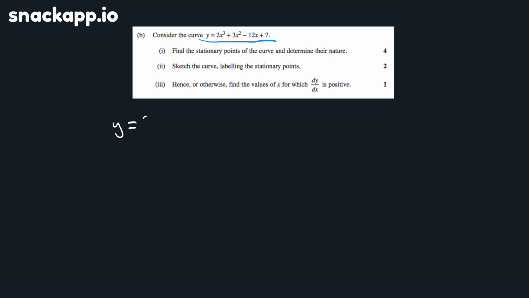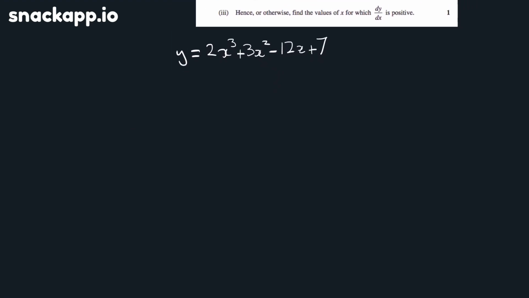So y is equal to 2x cubed plus 3x squared minus 12x plus 7. Let's get started. So I'm going to find dy/dx.